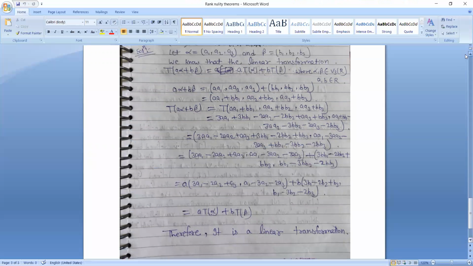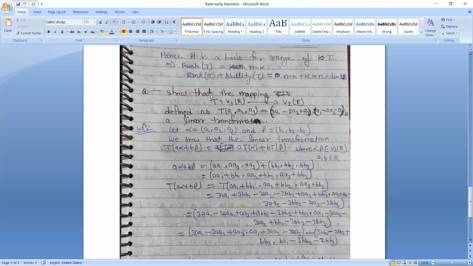Now the next example. The mapping T from R3 to R2 is defined as T of A1, A2, A3 is equal to 3A1 minus 2A2 plus A3 comma A1 minus 3A2 minus A3. We show it is a linear transformation. Let alpha is equal to A1, A2, A3 and beta is equal to B1, B2, B3.